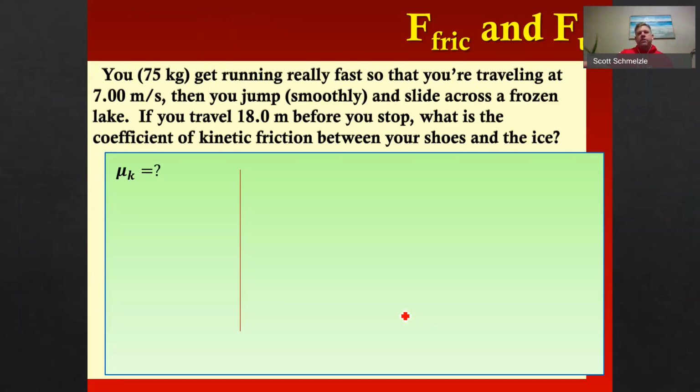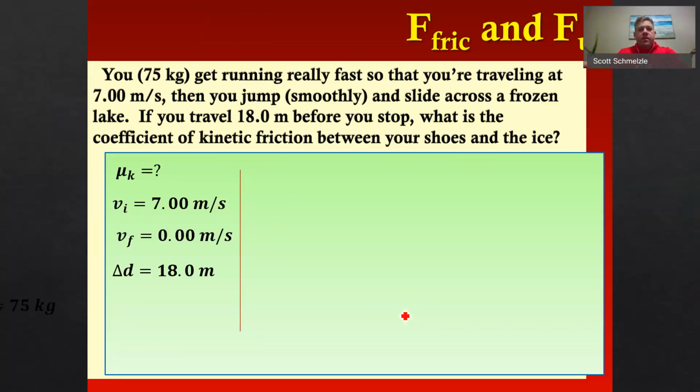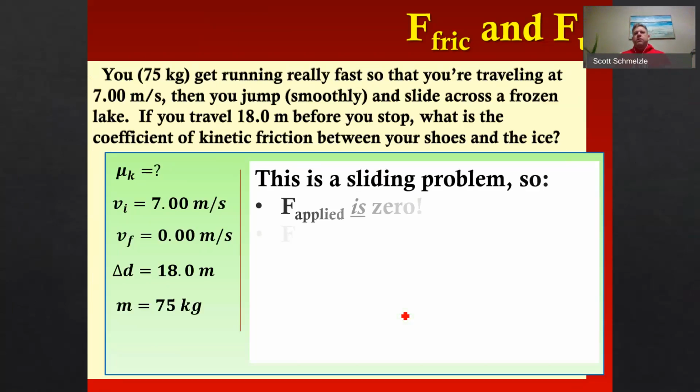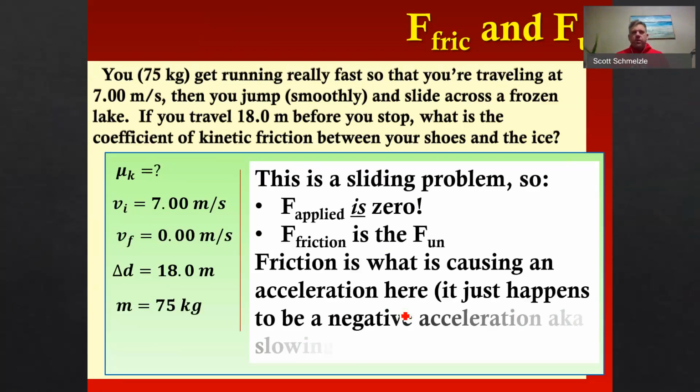We want to find our coefficient of kinetic friction. We know the initial velocity is 7. We know our final velocity is 0 because we stopped. We know our distance is 18, and we know our mass is 75 kilograms. Looking at this, it's a sliding problem, so our applied force is 0.